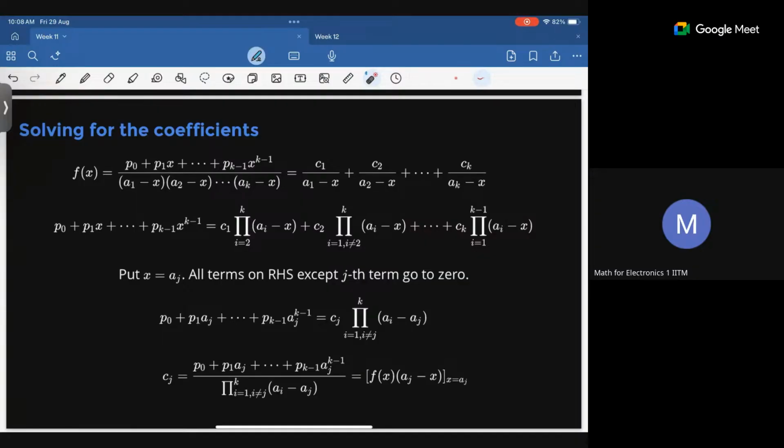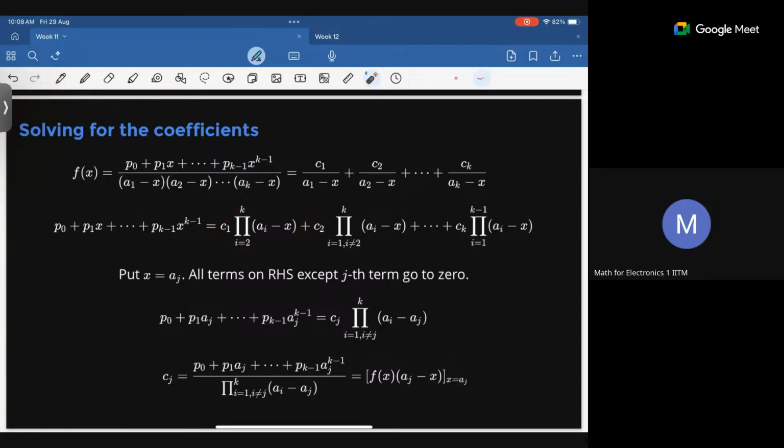So if I substitute x equals a1, all the terms will go to 0 because there will be a1 minus x in every term. When x takes a1, a1 minus a1 will become 0. So all the terms will go to 0 and the only term that will be left is the first term.